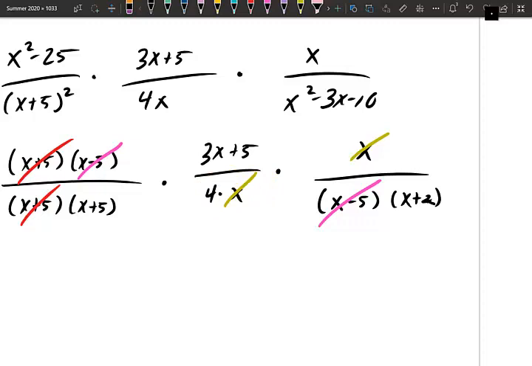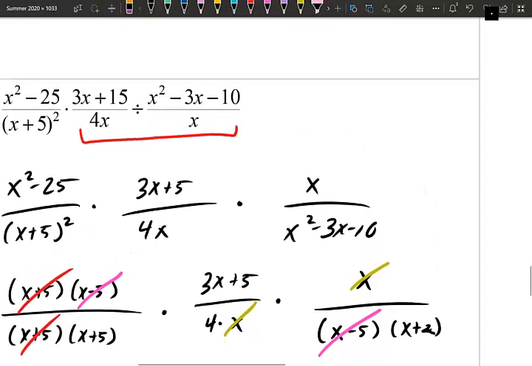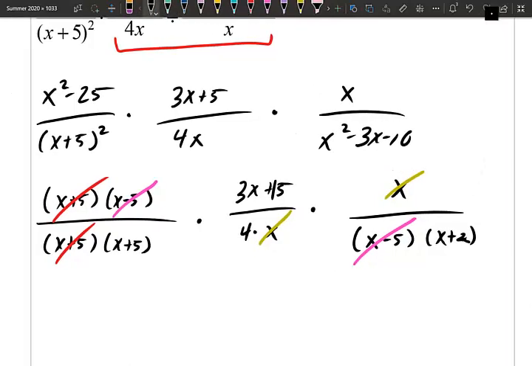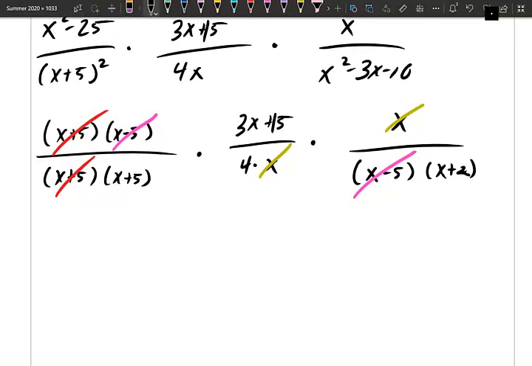So let's write what we have left over. That's a 15, my bad. On here we have nothing, so we have a 1 over x plus 5.